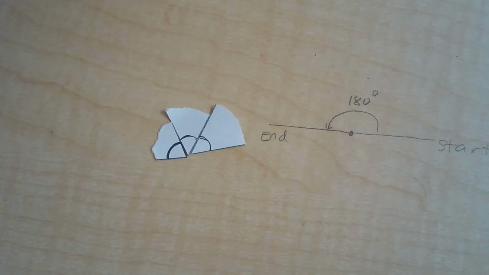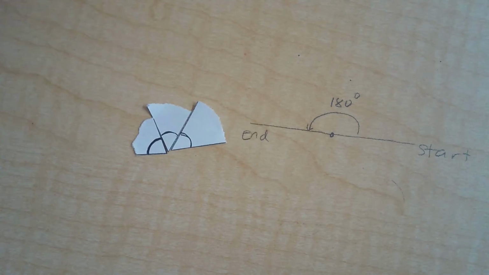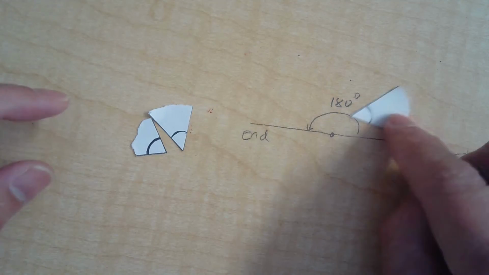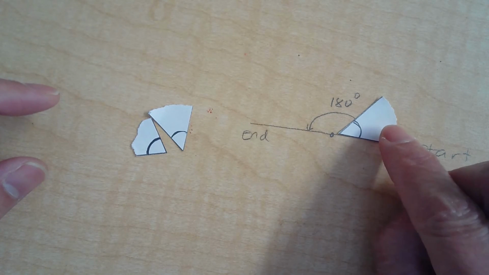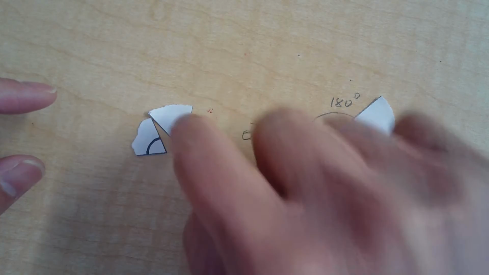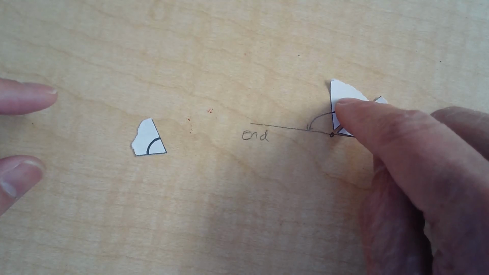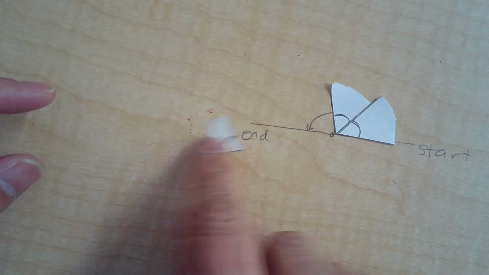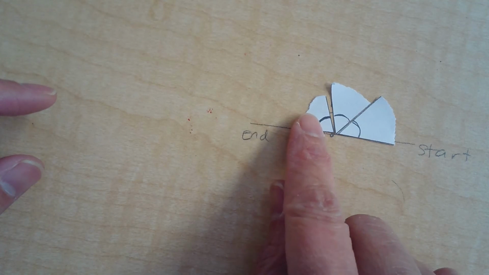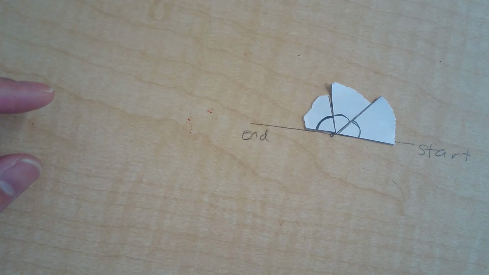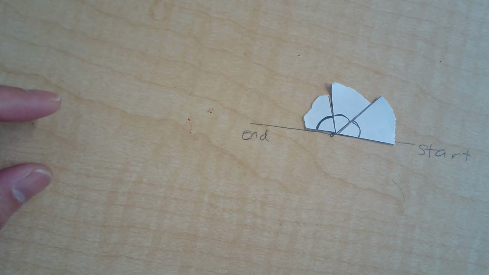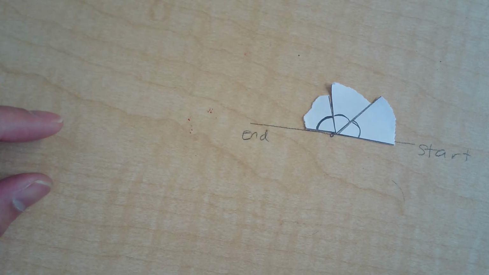So if I go like this, I don't know what that angle is, doesn't matter. And I take this one, and I take this one. Does it look like 180? Yes, it is 180.